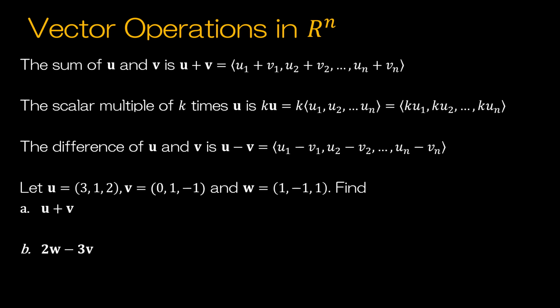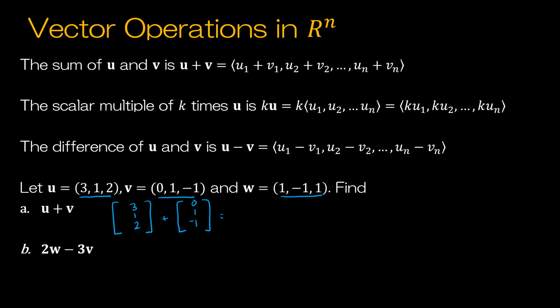So if I'm taking u plus v, notice that these are written as ordered triples, but if you would rather think of this as 3, 1, 2 plus v is 0, 1, negative 1, these are the same thing. It's whatever makes the most sense to you.